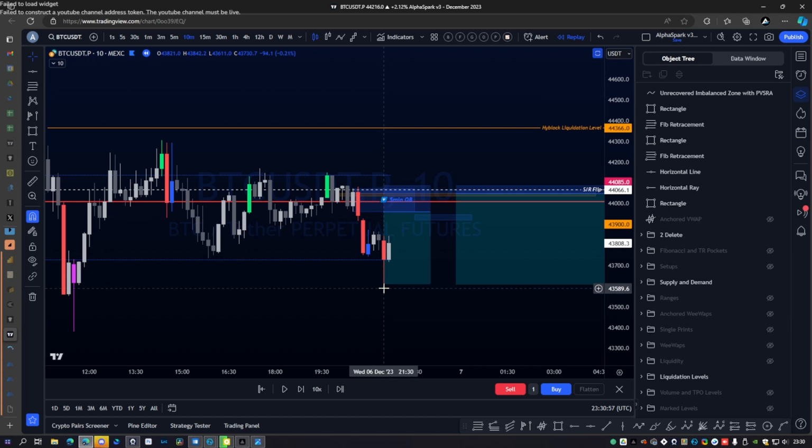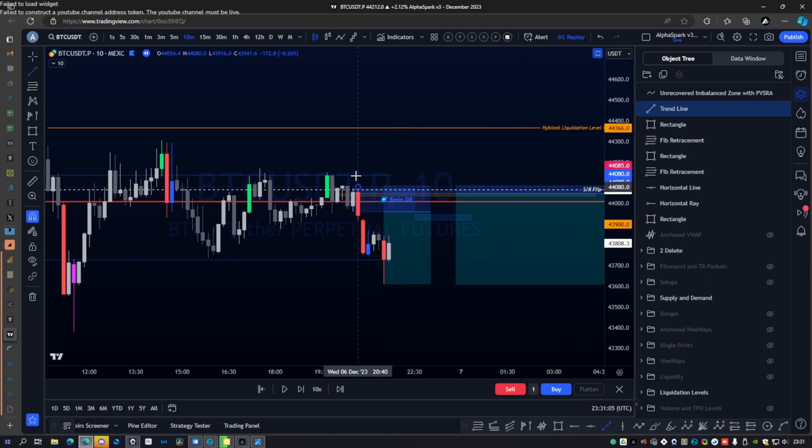However, in this case, you should not target lower than this, even if you have good reasons to, exactly because this high did not take out that high, nor did it take out that high, and you can even go further back. This candle here did not take that guy and that guy, so on and so forth.